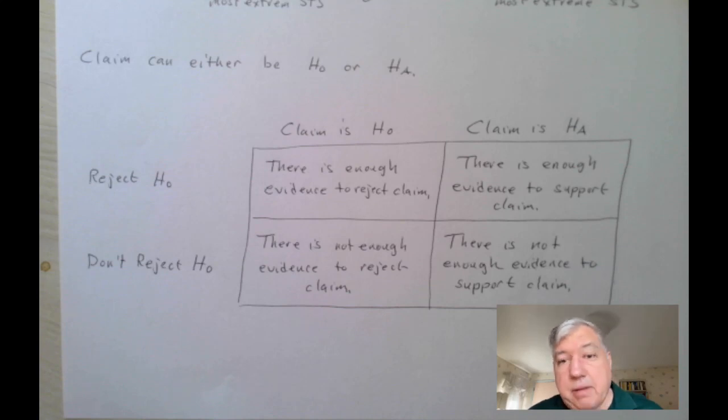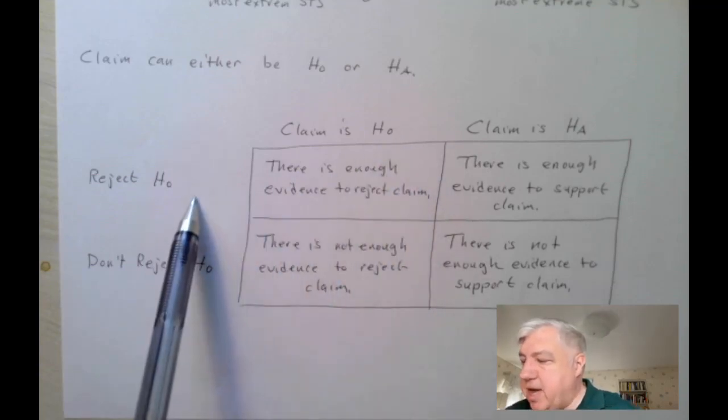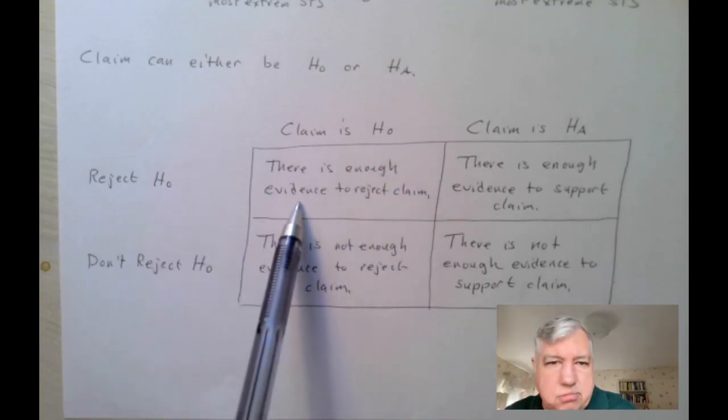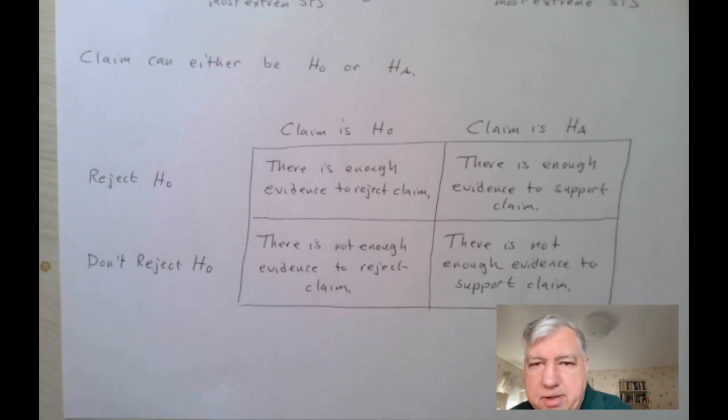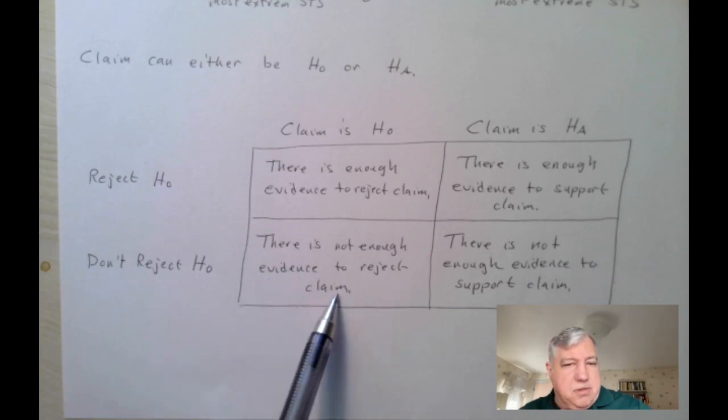He won't know what you're talking about. So you talk about your claim that you're supposed to evaluate. If your claim is the null hypothesis and you reject it, you're rejecting the claim, so you tell your employer there's enough evidence to reject the claim. If you don't reject it, you say there's not enough evidence to reject the claim.